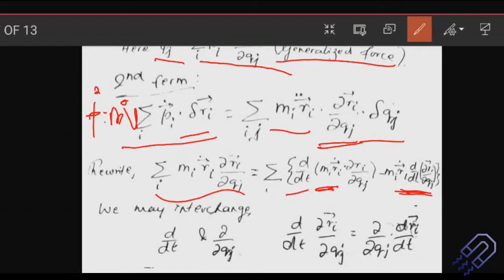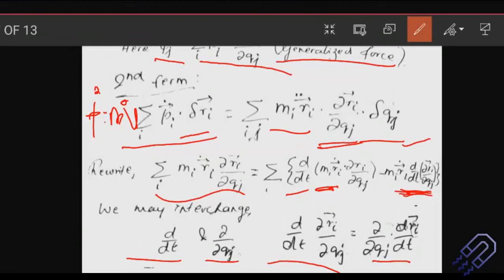And then if you look into it mathematically, okay, there was a chapter on partial differentiation. If you look into partial differentiation, you can always interchange d/dt and ∂/∂qj. That won't change the result. Okay? That will give you the same result. So that means d/dt of ∂ri/∂qj is equal to ∂/∂qj of dri/dt.